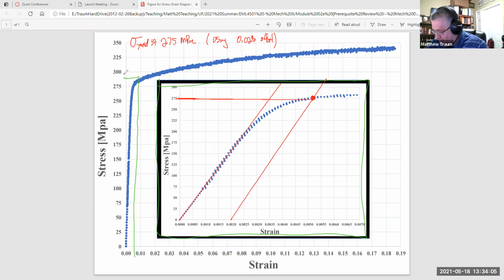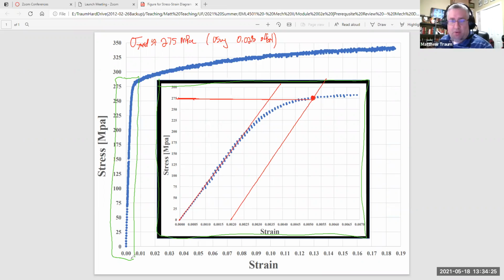It's just this first section of the curve, but I've blown it up so that it's easy for me to show angles and where the yield point is, and the 0.02% offset and so forth. So they're part of the same curve. One is just a blown up version of the other one.